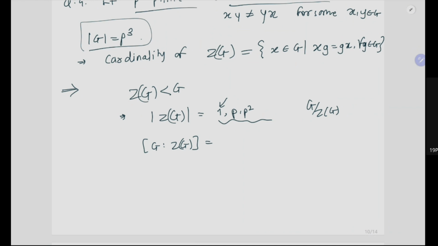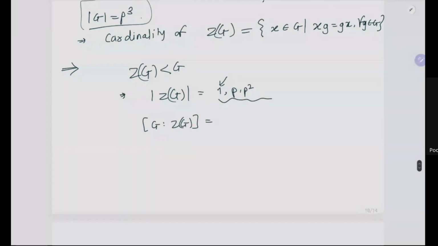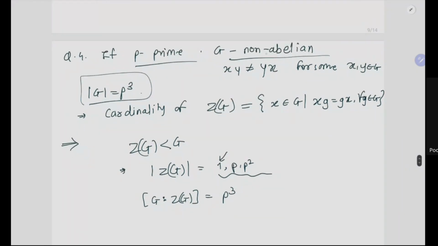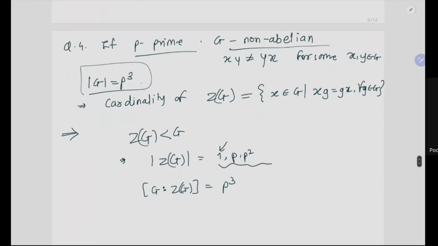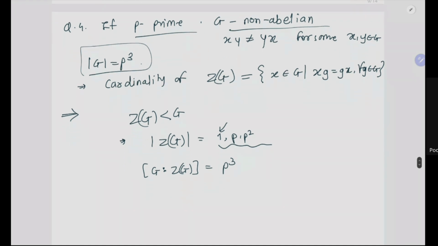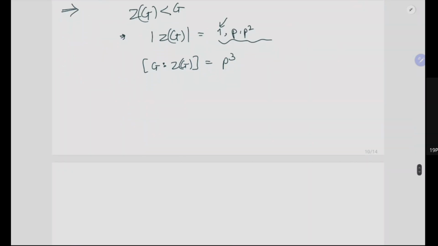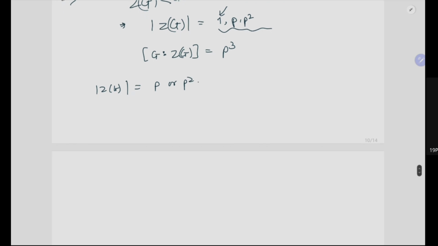Okay, so using that, if we have that G quotient Z(G) is of order P cube, it is non-abelian. So in that case G quotient Z(G) would become an abelian group, which is not the case here. So we now have these two possibilities: the order of Z(G) will either be P or P square. So which one should it be?